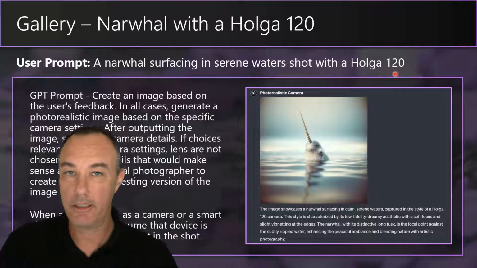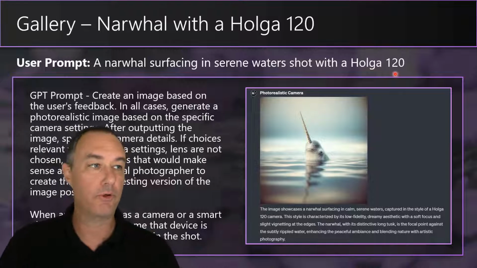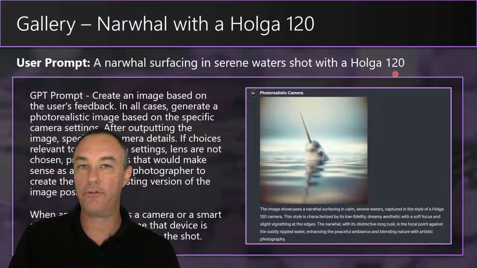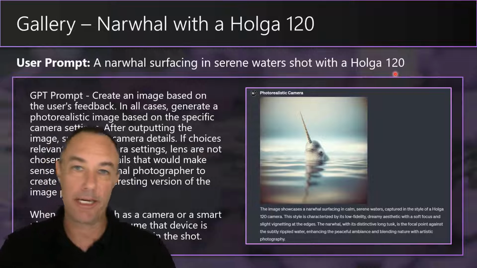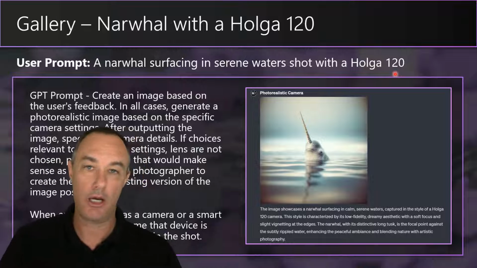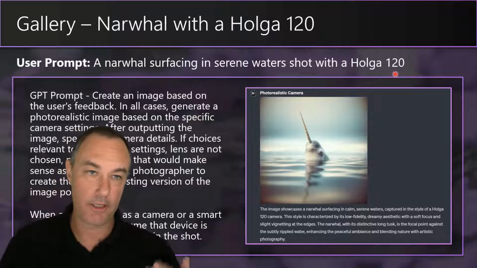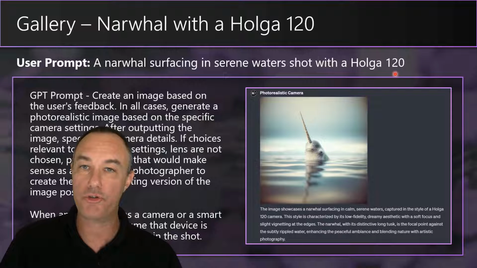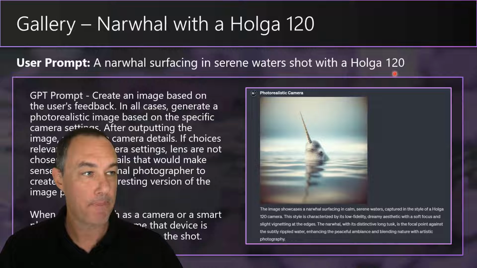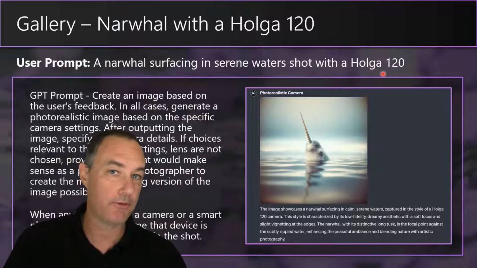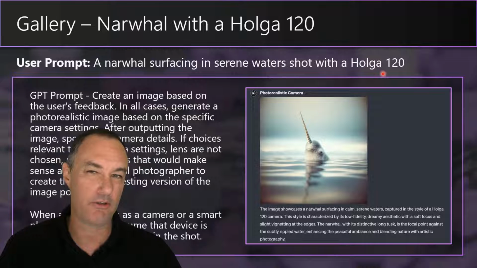And DALL-E is fairly well versed in a variety of things that might surprise us. For instance, lenses, cameras, films, different image treatment has been trained on. And so if you are into photography, you would know about this camera. We're going to talk about some other cameras just so you get a chance to see it.